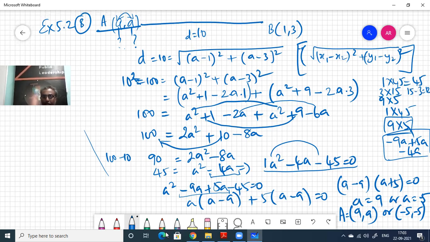What you need is minus 4. So the best one is minus 9 into plus 5, which will give you minus 4. That is how you should split: minus 4a becomes minus 9a plus 5a. You remember how to do quadratic equations; that is the 8th standard syllabus.